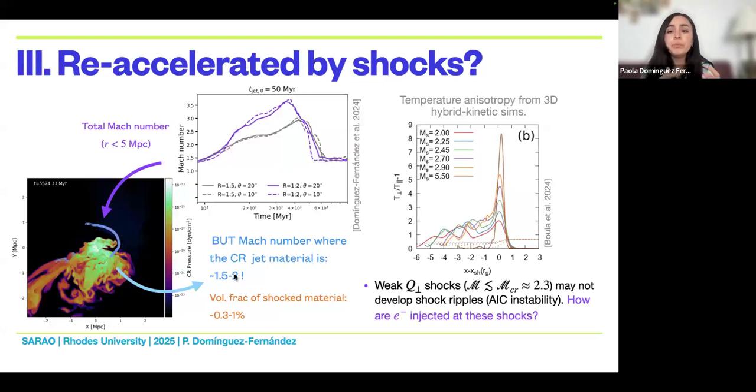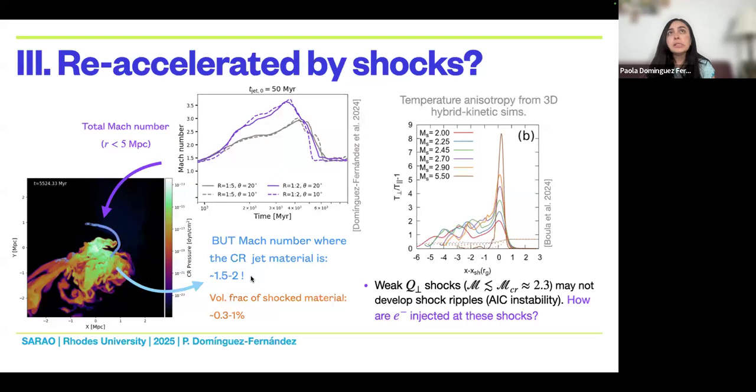So in this case, we cannot really make a strong conclusion that the strength of the shock could accelerate this fossil population of electrons. Now you might think, okay, but this also depends on the configuration that you have, right? Like where is the material and when is the merger shock happening?